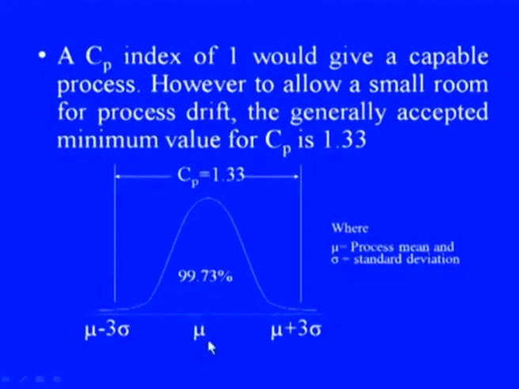So, mu represents the mean, and from mu plus minus 3 sigma are allowed on both sides, and that gives the Cp equal to 1.33, which is generally acceptable. The Cp has two major shortcomings. It cannot be used unless we have upper and lower specification limits, and it does not account for process centering.